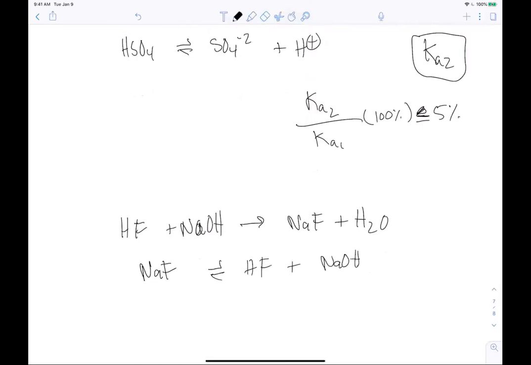Things are happening all over. There's trillions of molecules in a flask. As this forms, this is actually dissociating, etc. But you can think about it as happening in 2 steps.